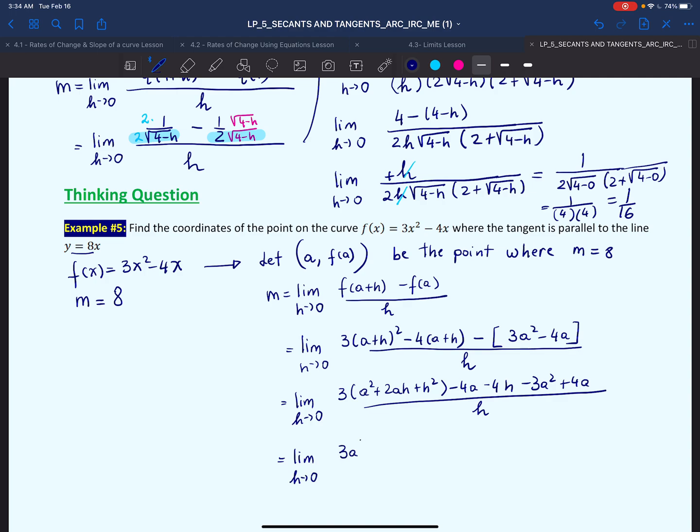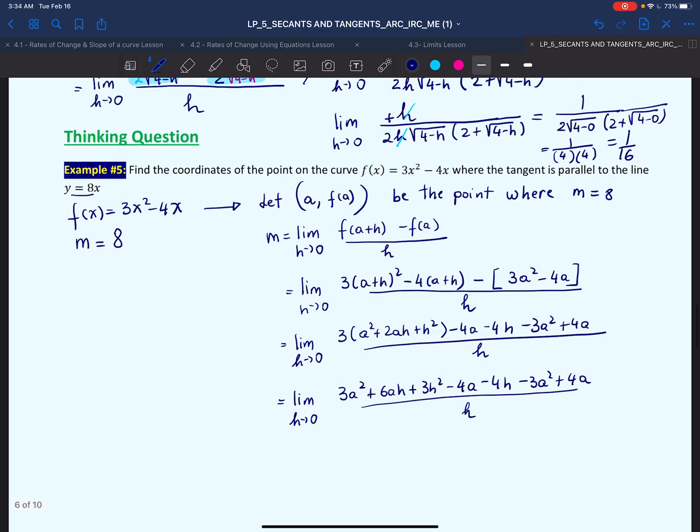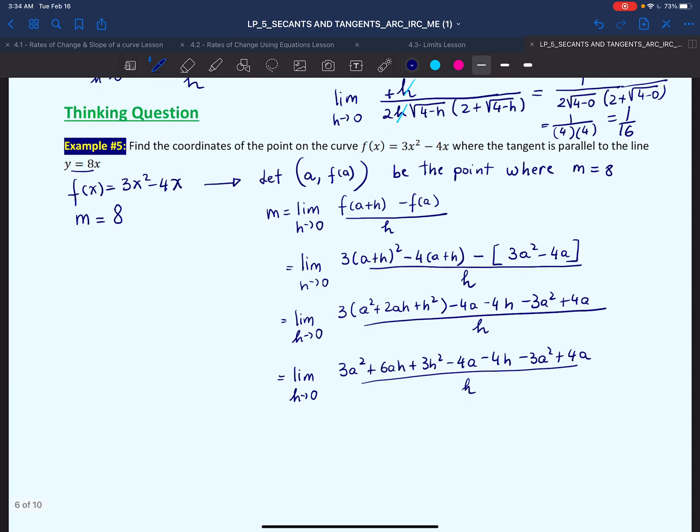We got 3a squared plus 6ah plus 3h squared, then minus 4a minus 4h minus 3a squared plus 4a, everything over h. So let's check and see what we can simplify in here.